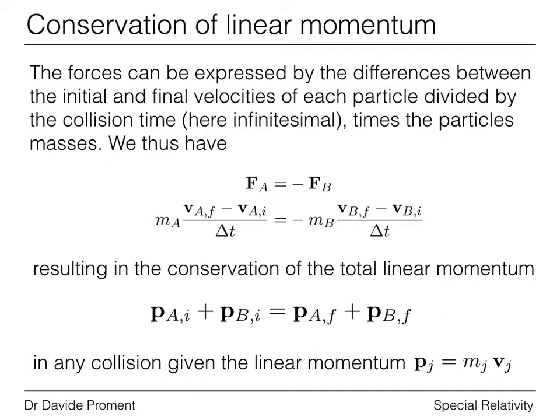By writing the force acting on each particle as the variation of its velocity before and after the collision, and using Newton's third law, we were able to demonstrate that the total linear momentum of the system is conserved during the collision.